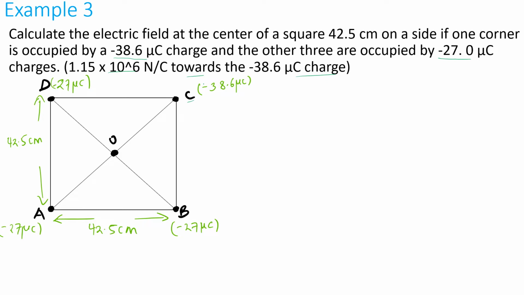Where the diagonals, for example diagonal AC and diagonal DB, meet is O, so that point is where we want to find the electric field intensity.